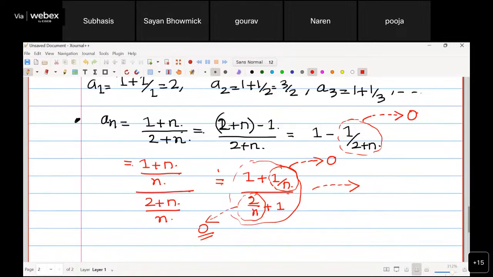Since 1 by n is going closer to 0, 1 plus 1 by n will come closer and closer to 1, so your numerator will come closer to 1. And in the denominator, 2 by n is coming closer to 0, so 1 plus 2 by n will come closer to 1. So both denominator and numerator are going closer and closer to 1, so the quotient will come closer and closer to 1. That is the limit of this sequence.